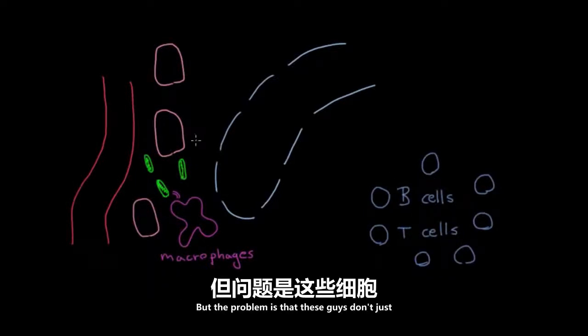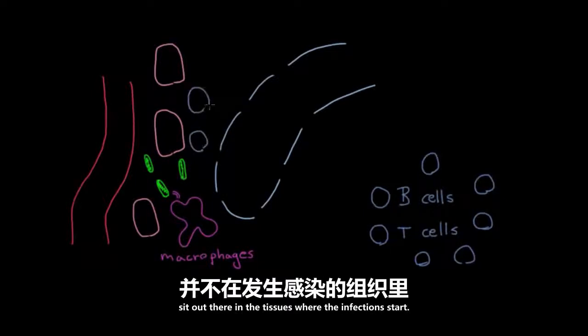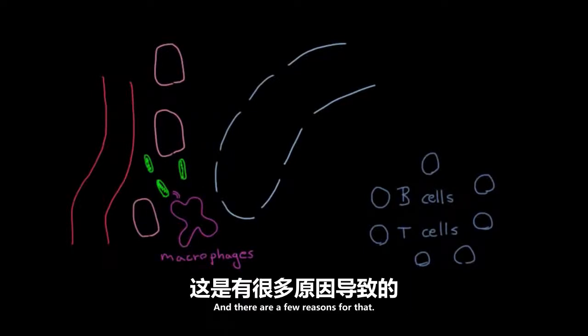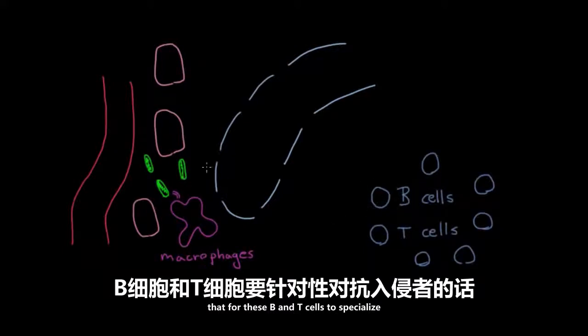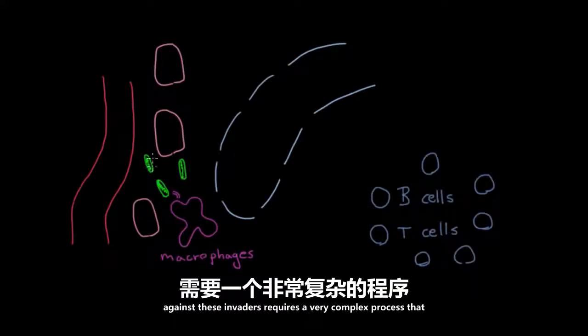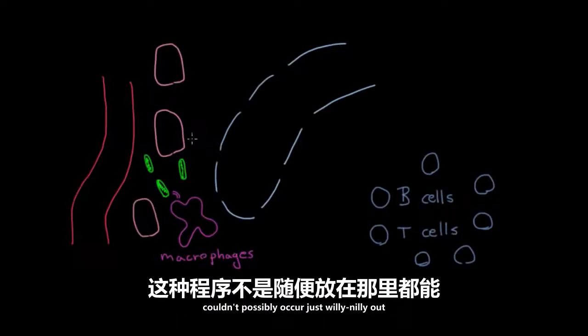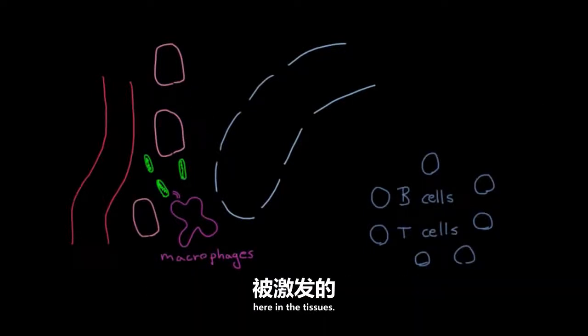But the problem is that these guys don't just sit out there in the tissues where the infections start. There are a few reasons for that, but probably the most important is that for these B and T cells to specialize against these invaders requires a very complex process that couldn't possibly occur just willy-nilly out here in the tissues.